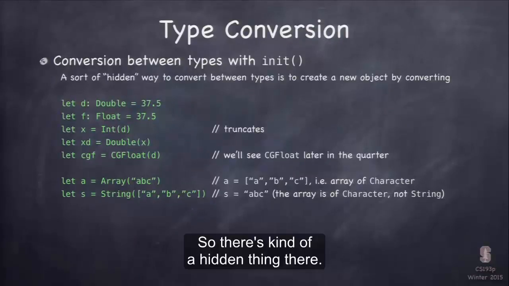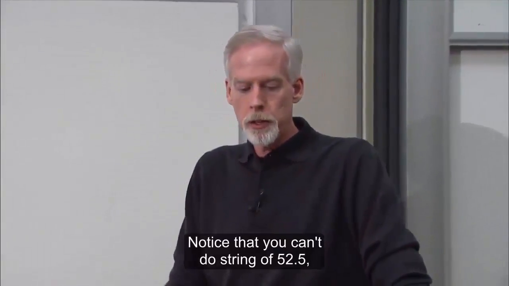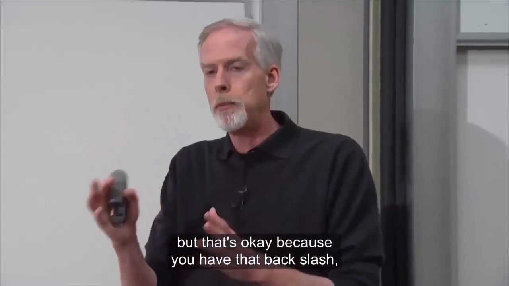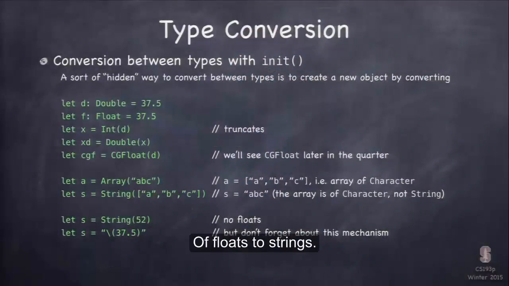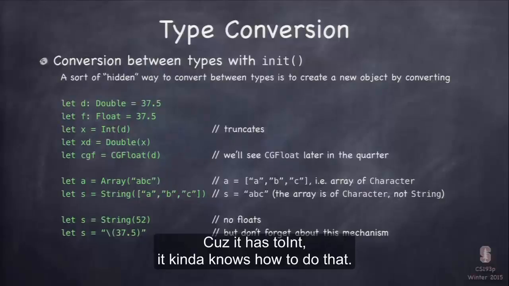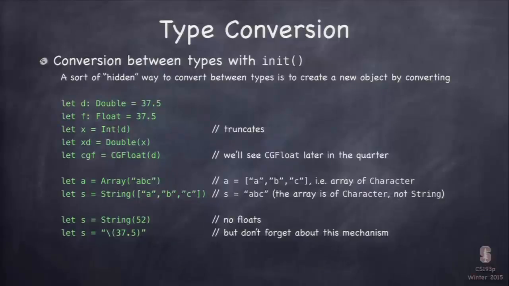Okay? So there's kind of a hidden thing there. Notice that you can't do String of 52.5, but that's okay because you have that backslash open parentheses thing to convert floats to strings. You can do String of 52 though, because it has toInt. It kind of knows how to do that.